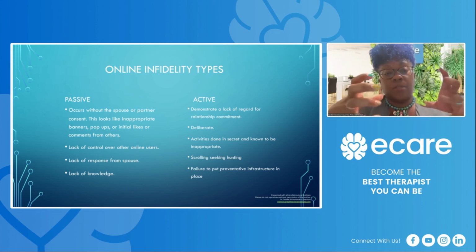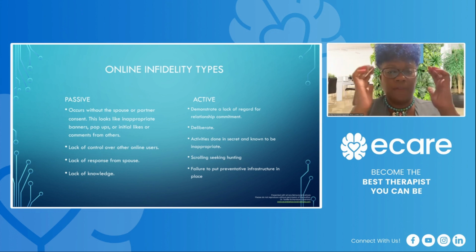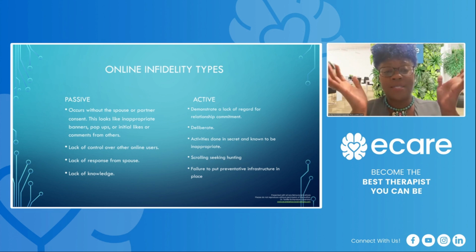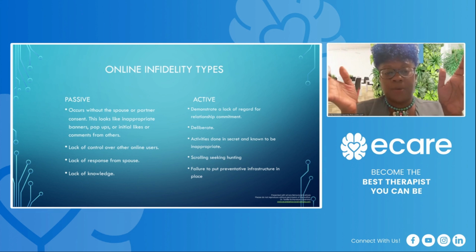One of the things that I started to see in my clients is this idea of passive versus active online infidelity. Passive, that occurs without the spouse's consent or the partner's consent.